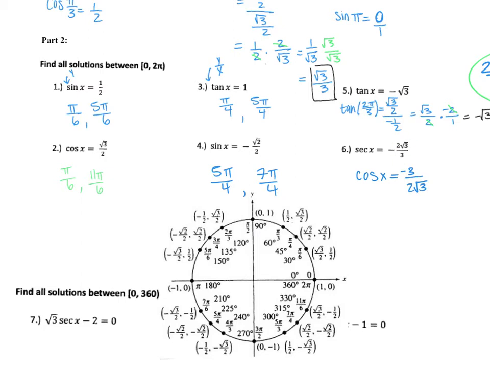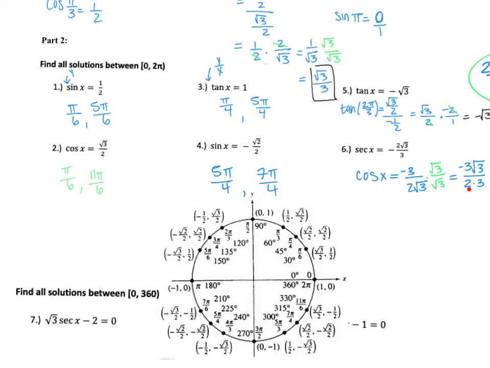The 3 is now on the top and 2 root 3 is on the bottom. I notice I have a root, so I'm going to rationalize and multiply by root 3 on the top and bottom. And so that would give me a negative 3 root 3 on the top. The bottom, these two 3's would cancel, giving just 2 times 3. So this here turned into a 3.